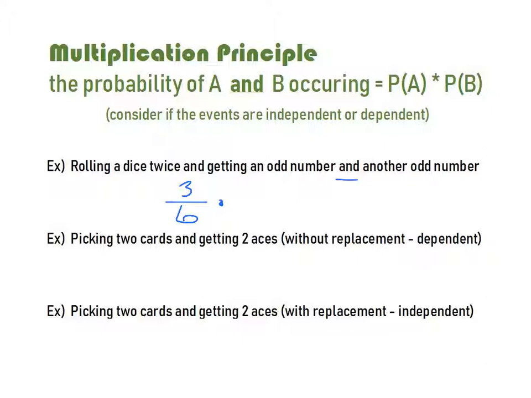These are independent events, because what I rolled on the first one has absolutely nothing to do with what I roll the second time. That would be another 3/6. Ultimately, I would reduce these to 1/2, and 1/2 times 1/2 would be a 1/4 probability.